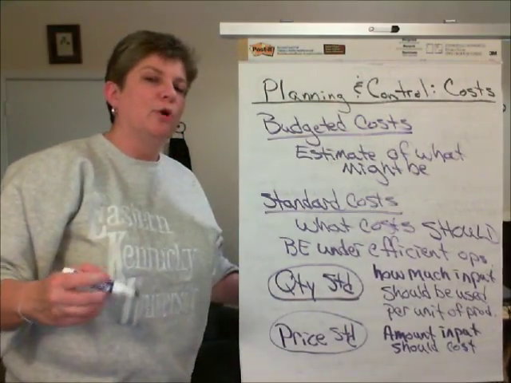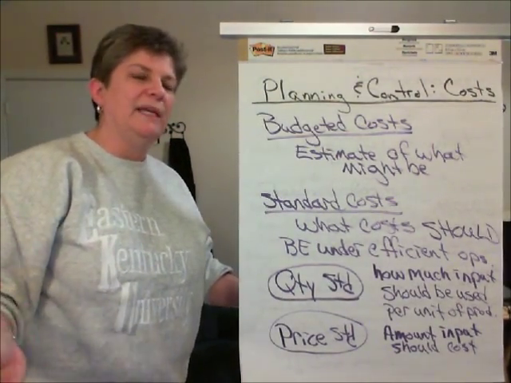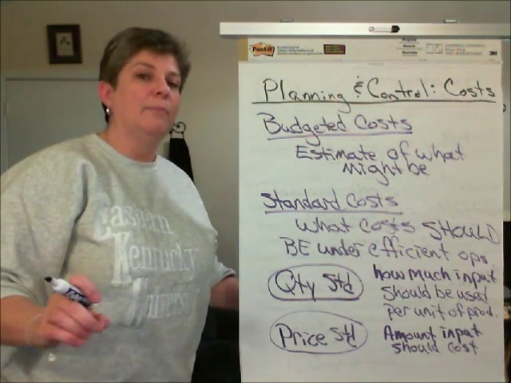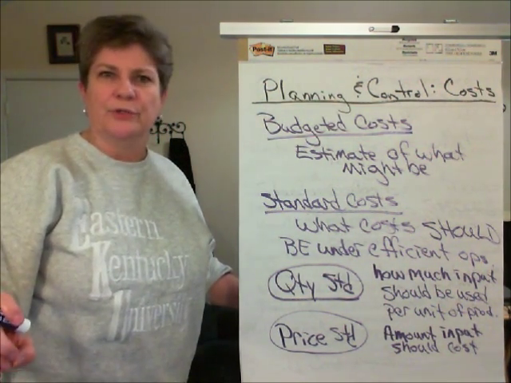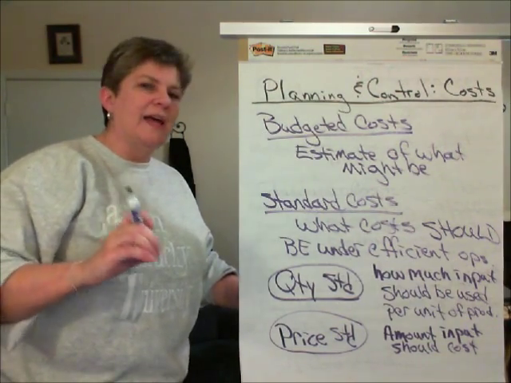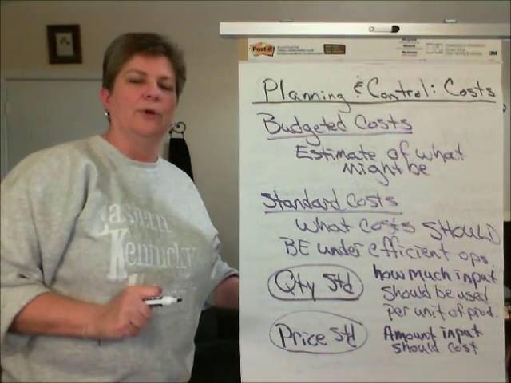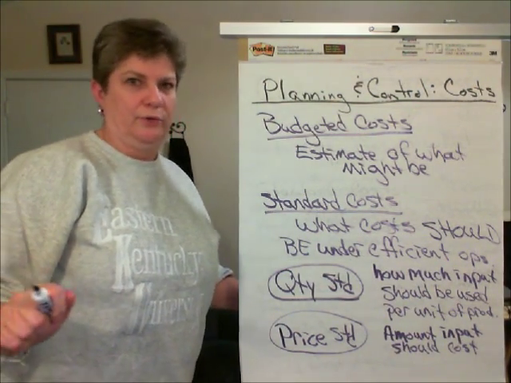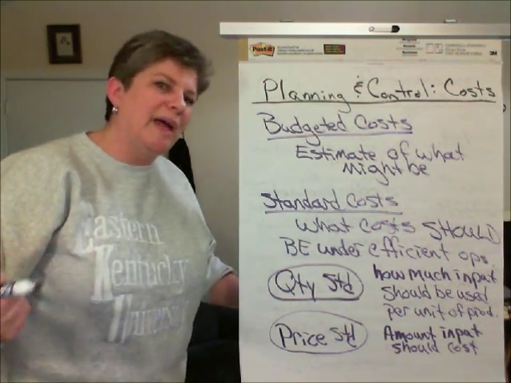So how much per pound, given the economy and the supply of that resource, how much per pound should our raw materials cost us? Other factors that enter into that price standard are, well, do we take advantage of price discounts? Discounts for early payment of our bill.